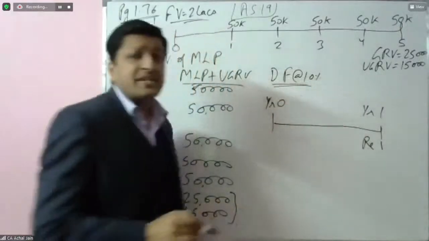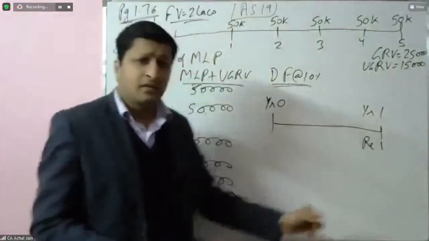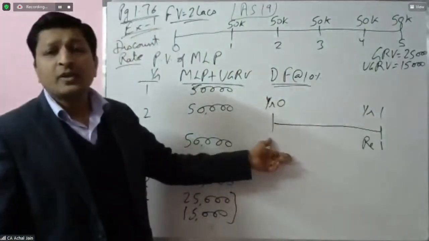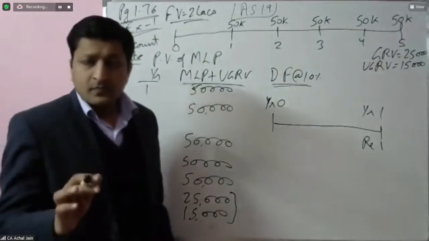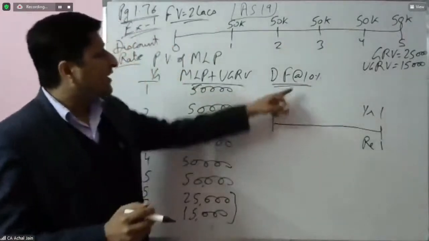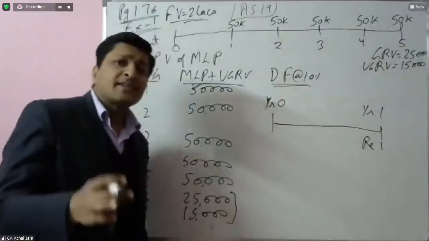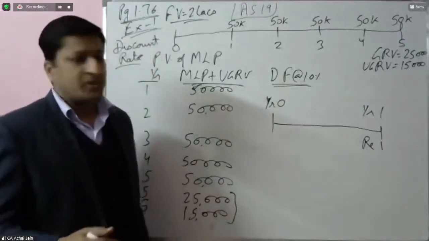Then what will be the present value of this rupee 1 as on today? Now for this to be computed, what do we need? Discount rate. So let's assume discount rate is 10%.